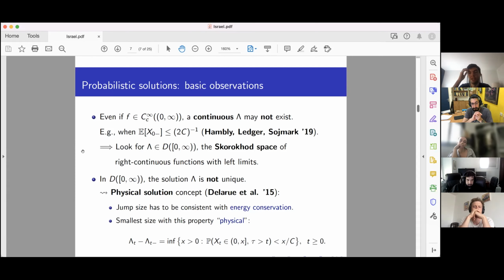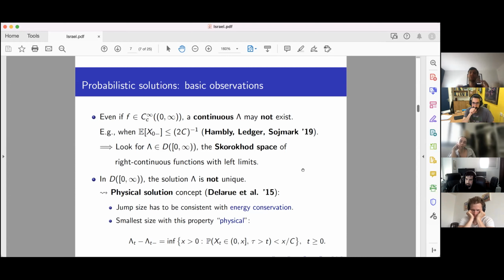This tells you that the right space in which to look for solutions is not the space of continuous functions, as you might have expected a priori because Brownian motion is continuous, but rather a space that can accommodate discontinuities. For probabilists, the natural space is the Skorohod space, the space of right continuous functions with left limits.